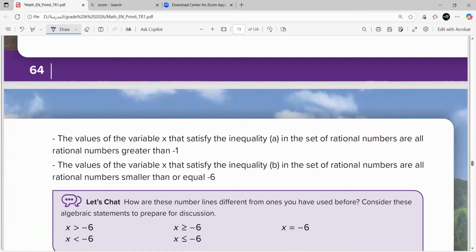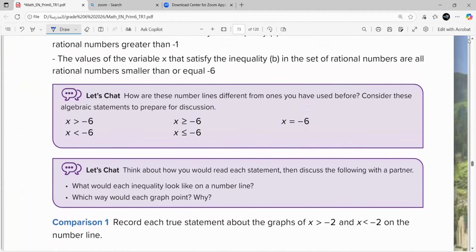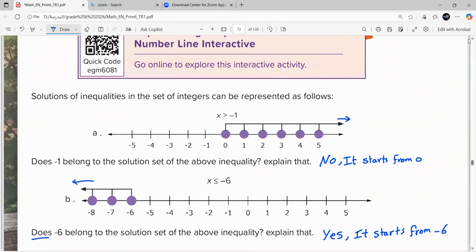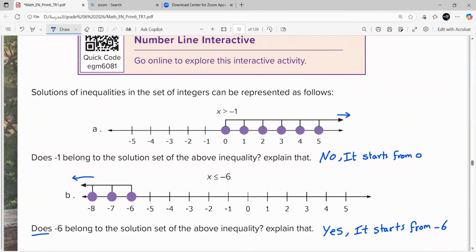Read with me these two sentences. The values of the variable x that satisfy the inequality A in the set of rational numbers are all rational numbers greater than -1. Yes, if we go back to this example A, all rational numbers that are greater than -1.